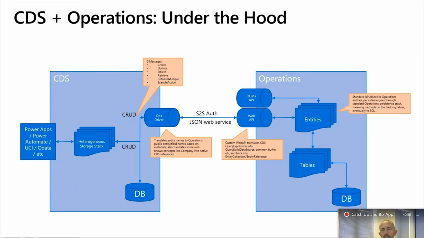So the technical connector is using, there's two ways commonly to access the D365 data, through an OData API or through the web API. And, you know, the technology that has been used to connect CDS to operations is the JSON web service into the D365 web API. If you want to learn more about any of these things and look at it more properly, obviously go to the business applications slides and look at the sessions that discuss this.